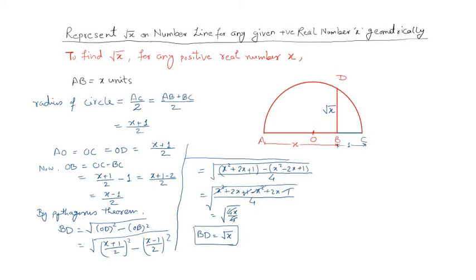Now how will we locate this square root of x on the number line? To know the position of this square root of x on the number line, let us treat the line BC as a number line with B as 0 and C as 1 and so on. Now extend this line.